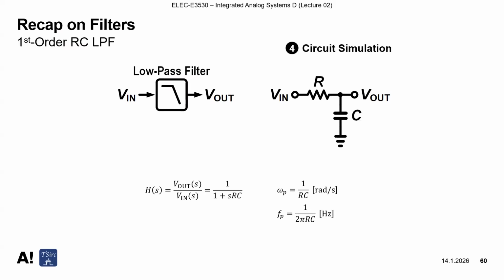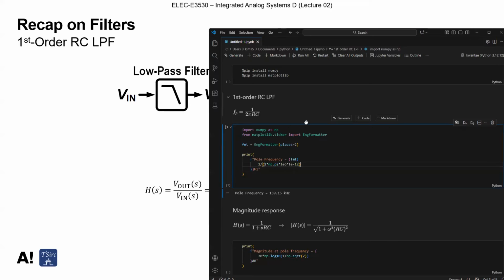I also prepared a very simple Python script here. So the first order RC low pass filter pole frequency is very simply 1/2 pi RC, as we did during our slides. And this is a very, very simple Python script. So I just called NumPy and matplotlib's engineering formatter.